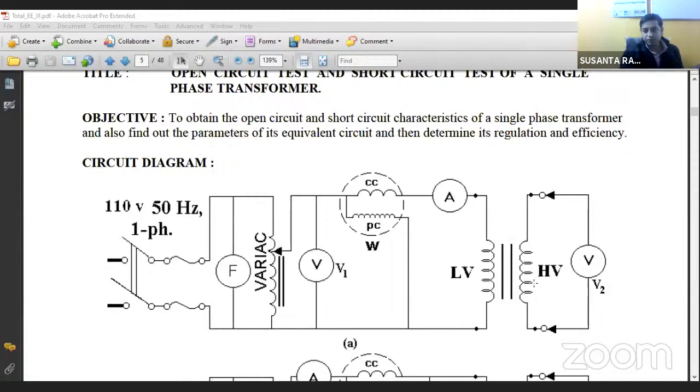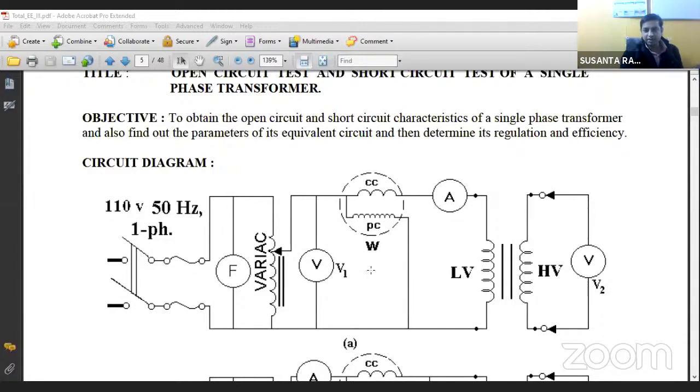Now, for doing this open circuit test, generally we keep all the measuring instruments on the low voltage side, and the high voltage side we keep open. That is the normal procedure we follow: during the open circuit test, all the measuring instruments are connected at the low voltage side, and the high voltage side is kept open, with a voltmeter connected there.